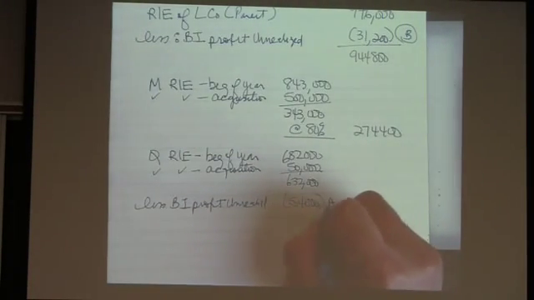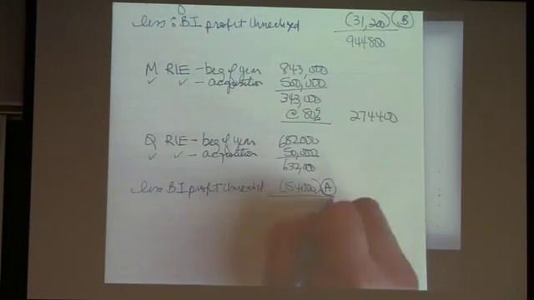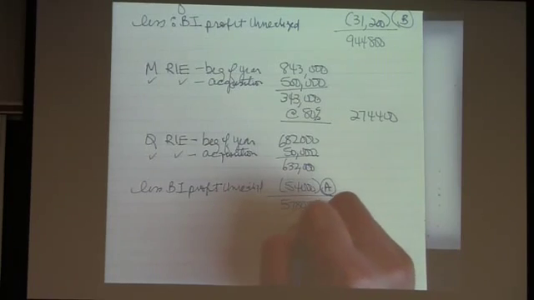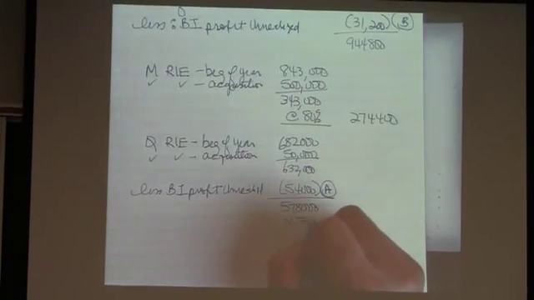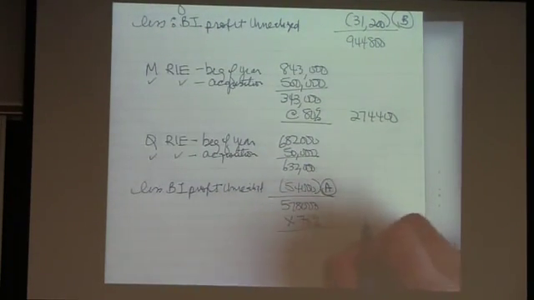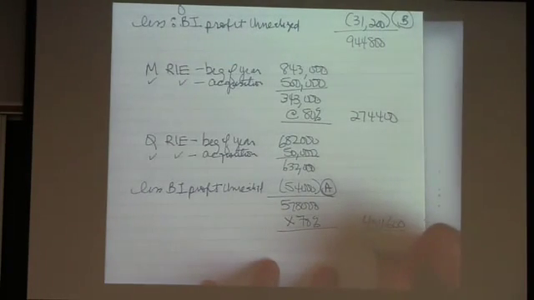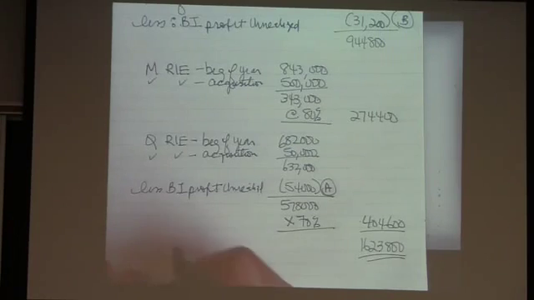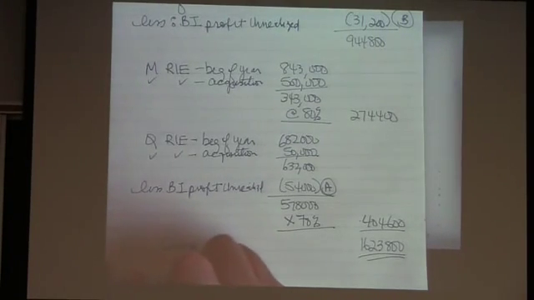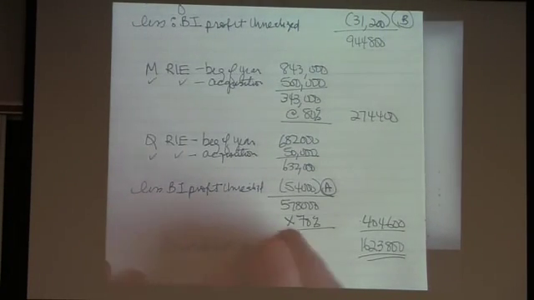Let's call that A to give us 578. At 70% ownership gives me 404,600. Add those three, you get 1,623,800. This is your consolidated retained earnings beginning of year.